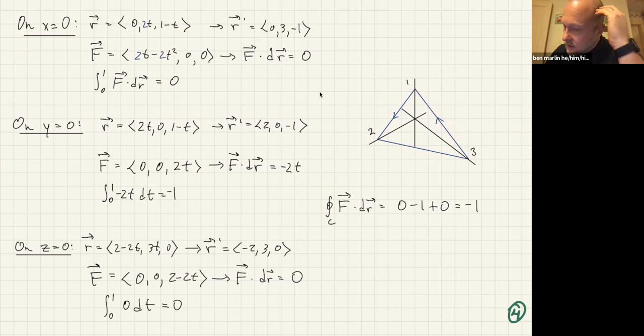So on that, we need to start when t equals 0. Wow. So when t equals 0, we need to be at 0,3,0.